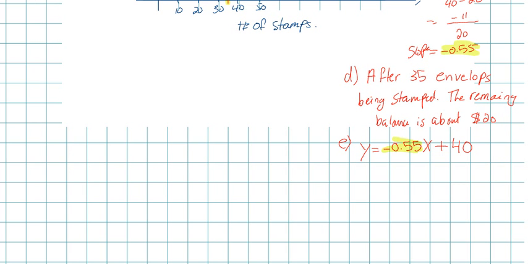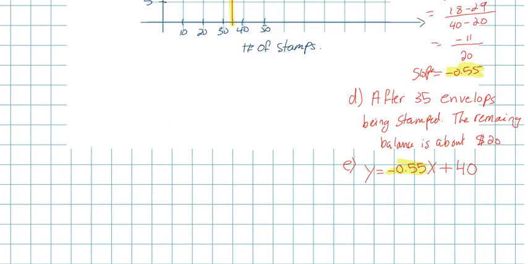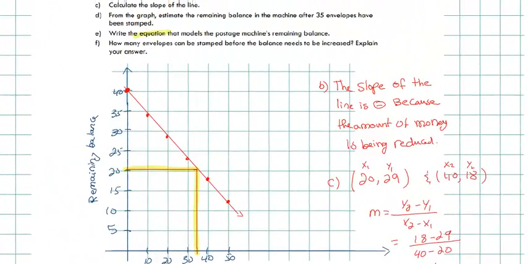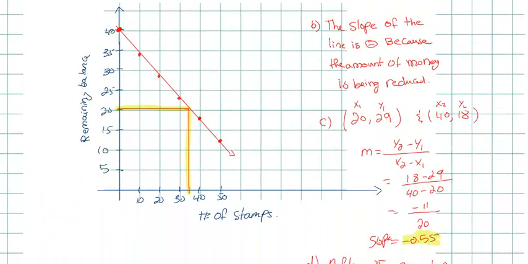And my y-intercept, we started with, it's the balance that you started with. How did you find this negative 0.55? It's negative 11 divided by 20. Okay.